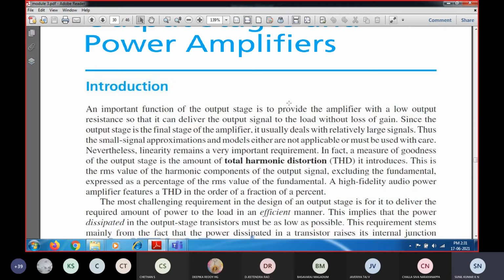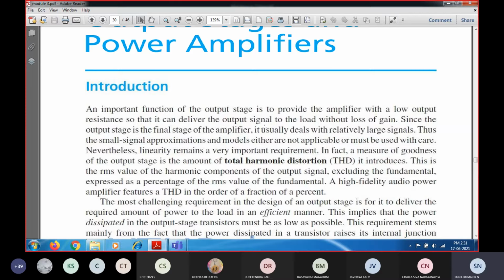The BJT or FET which you observe in the circuit diagrams will be considered as a power BJT or power MOSFET, because the high large signal amplification is performed by those power amplifiers and delivered to the load. That is the function of this power amplifier.